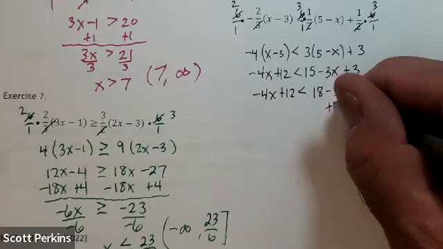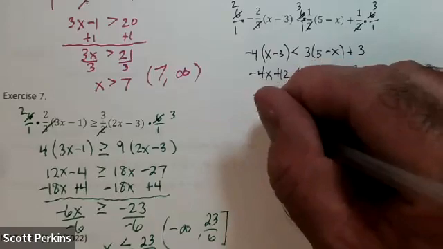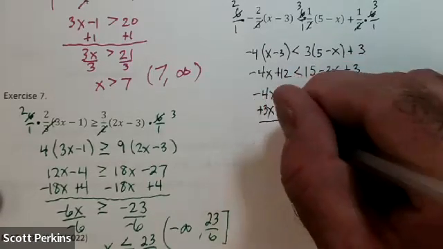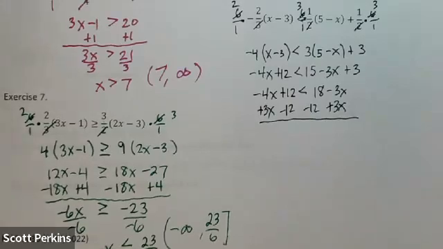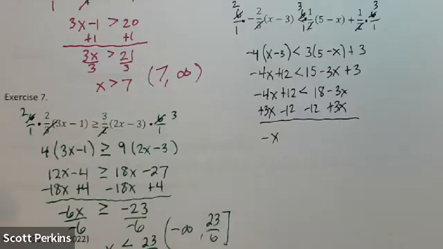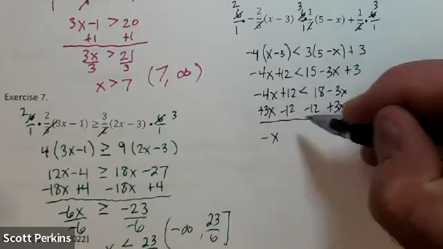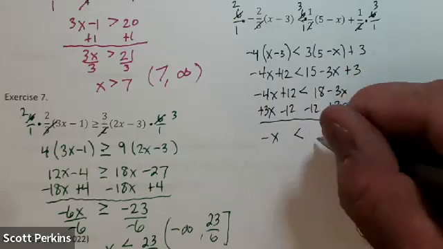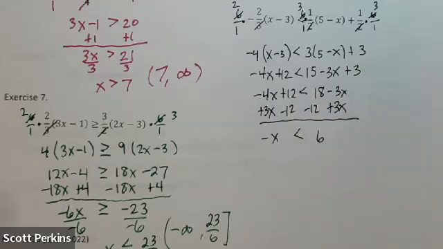I'm going to add the 3x. I'm going to get all of my x's on the left. I'm going to subtract 12 so I can get all of my numbers on the right. Negative 4x plus 3x is negative 1x, or just negative x. All I've done is added and subtracted, so I do not have to flip the sign. 18 minus 12 is 6.